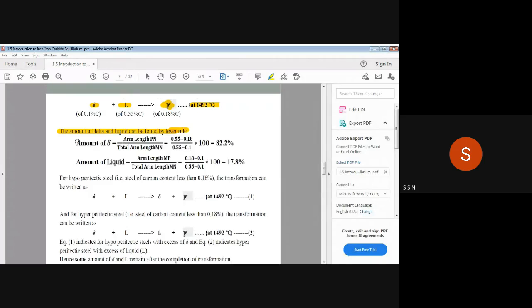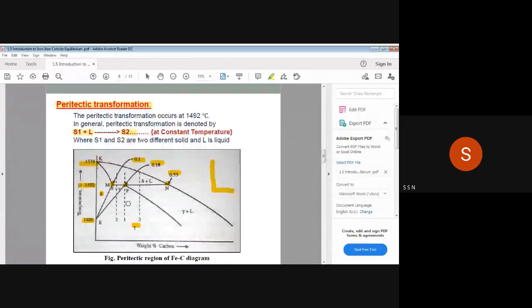So amount of delta, and delta is which phase? Delta is solid phase. Amount of liquid, it is in liquid phase. Now how to calculate the amount of delta? So remember the lever rule. For the lever rule we have considered this M to N horizontal line as one lever, and P point as the fulcrum point wherever the transformation occurs.